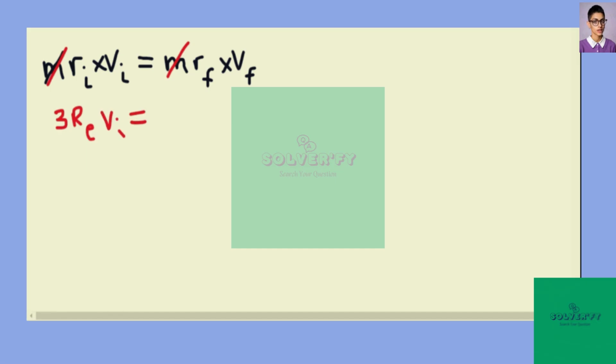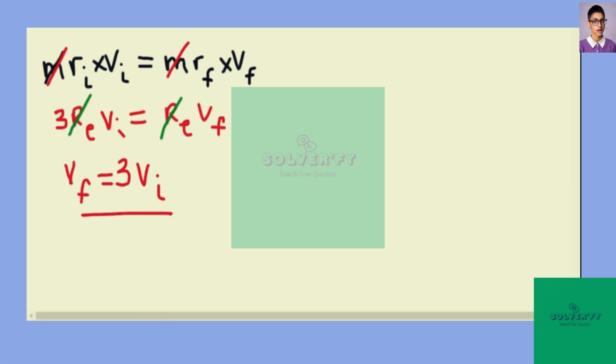And this one, perpendicular to the velocity, is going to be just r sub e, because it's just barely going to pass the surface of the Earth. The r sub e's cancel out. And now we can see that Vf is 3 times Vi.